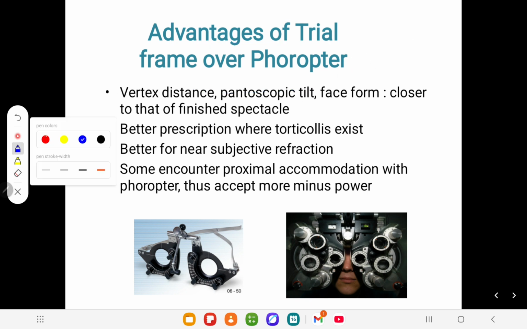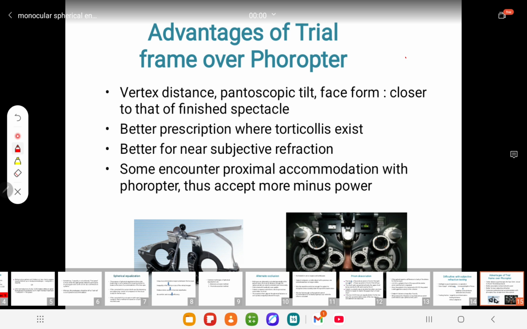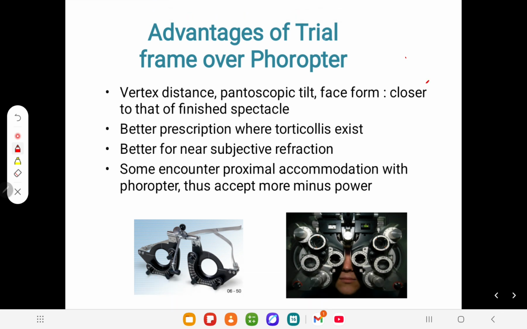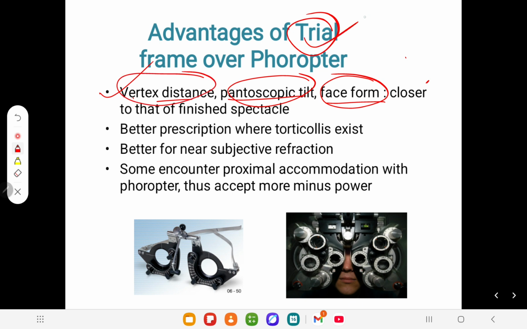The advantages of the trial frame over the phoropter: first, vertex distance, pantoscopic tilt, and face form. These three things are always far better to adjust with the trial frame. That's very important. And if the patient has torticollis, the trial frame is always better.